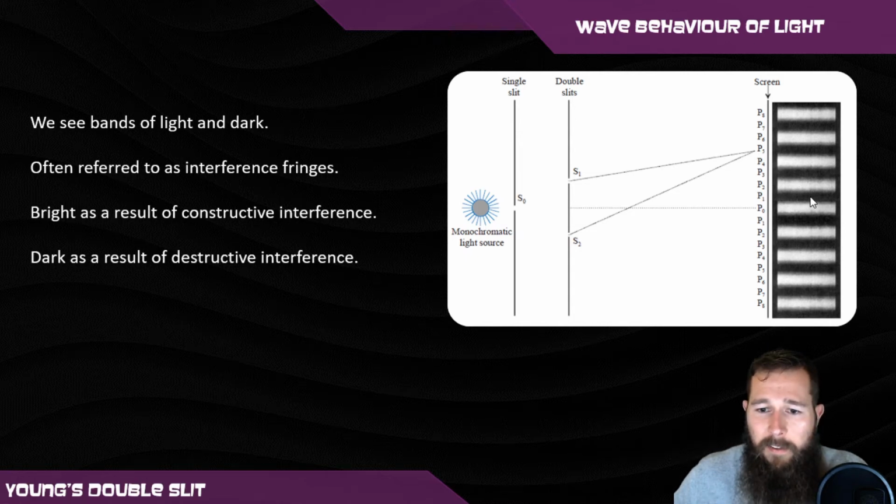Then at P1 we've got that half a wavelength difference, so a trough meets a crest and we have destructive interference. So what this does across the screen is produce an interference pattern of dark spots where the light is cancelled, destructively interfered, or bright spots where constructive interference occurs.